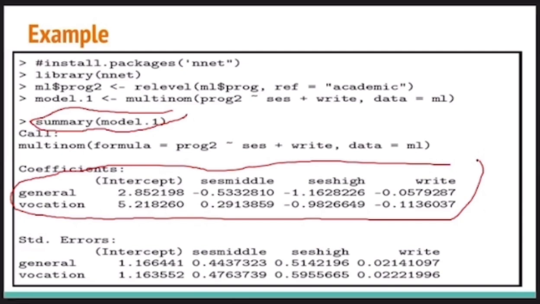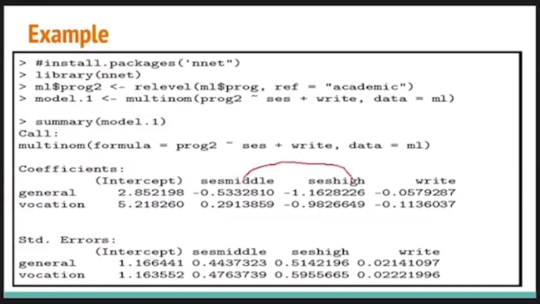Now, these are the coefficients. Why do we have only these two? Take a look at this. R has done something. How many levels of socioeconomic class do we have? 3.